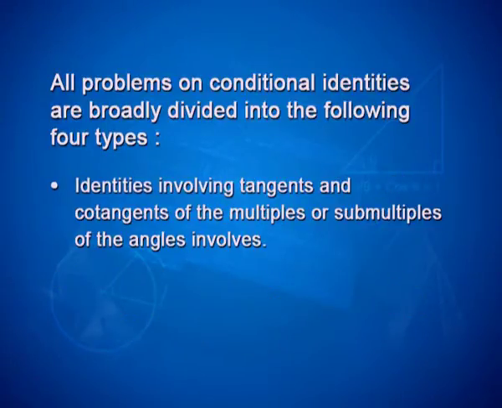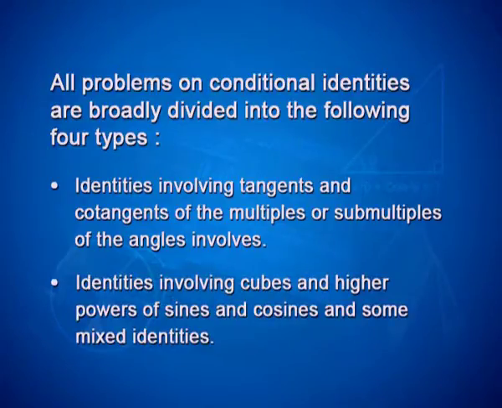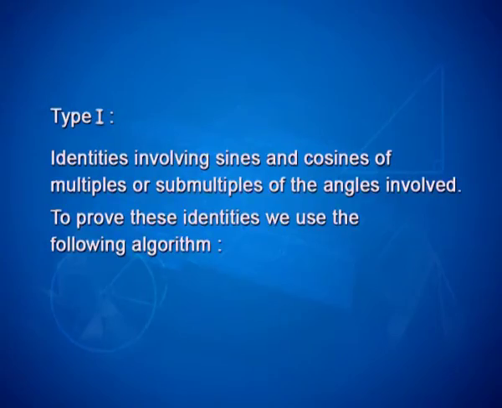Type 3, identities involving tangents and cotangents of the multiples or submultiples of the angles involved. Type 4, identities involving cubes and higher powers of the sines and cosines and some mixed identities. We shall now discuss these types of identities one by one.